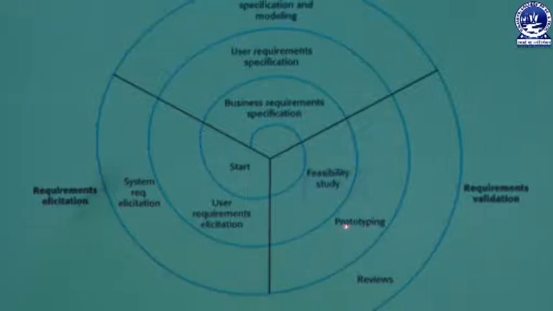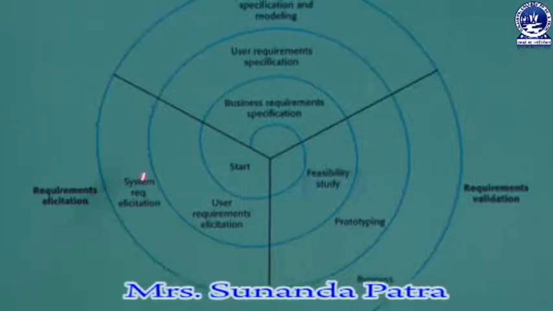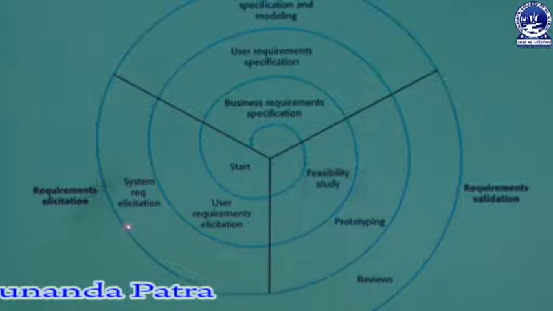After having the demo model, we will have to convert the user requirements into system requirements. So in this phase, the system requirement illustration will be done. That means we are collecting or gathering the system requirements. How to collect the system requirements? We just need to convert the user requirement specification into system requirement illustration.